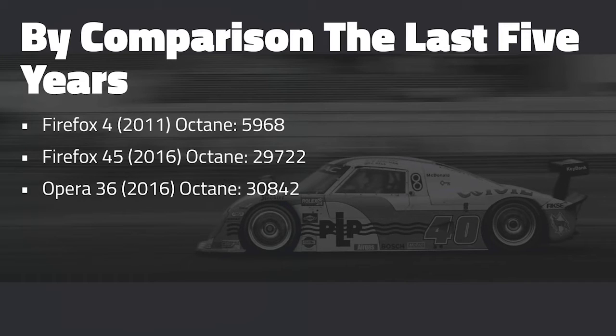And just to bring that Firefox benchmark of today into perspective, the current Opera version, which runs V8 behind the scenes, scored about 30,842. So a jump of 5x is significant. Modern browsers are typically within a couple hundred to 1,000 of each other, but to see such a leap, it's huge.